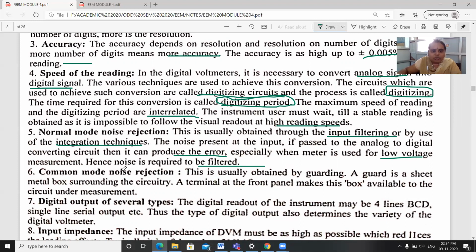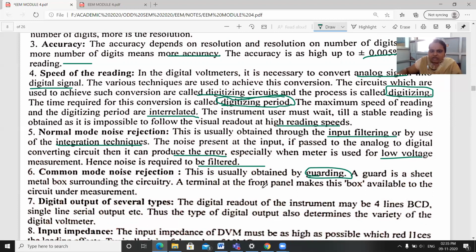Then common mode noise rejection. This is usually obtained at the guarding point. A guard is a sheet of metal box surrounding the circuitry, for any of the devices, in a shielded fashion. Guard is like a security guard. It's securing that chip, the circuitry you designed.